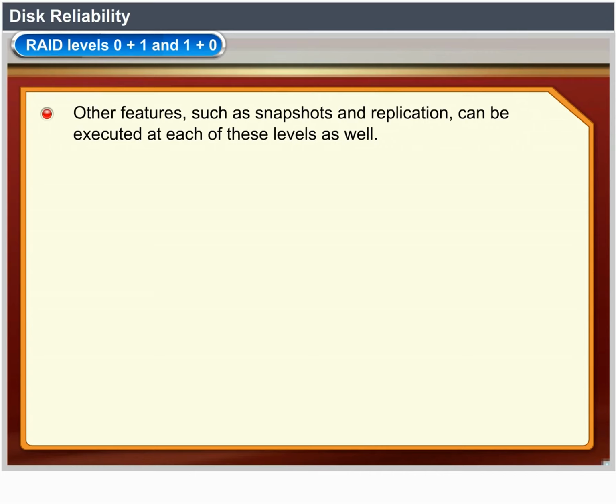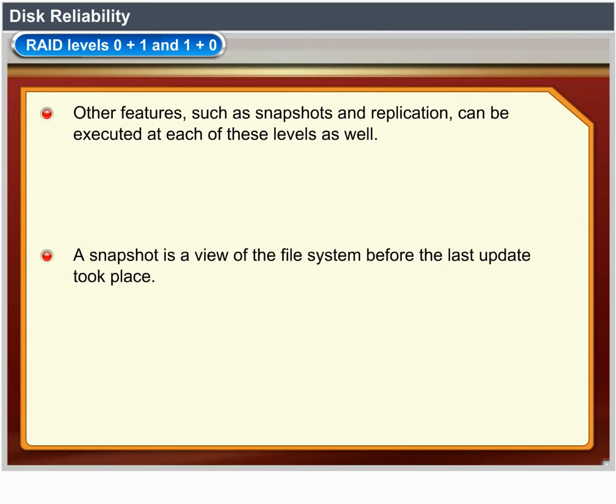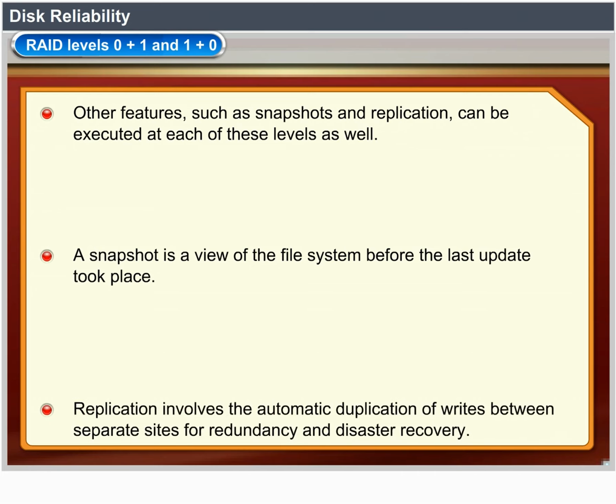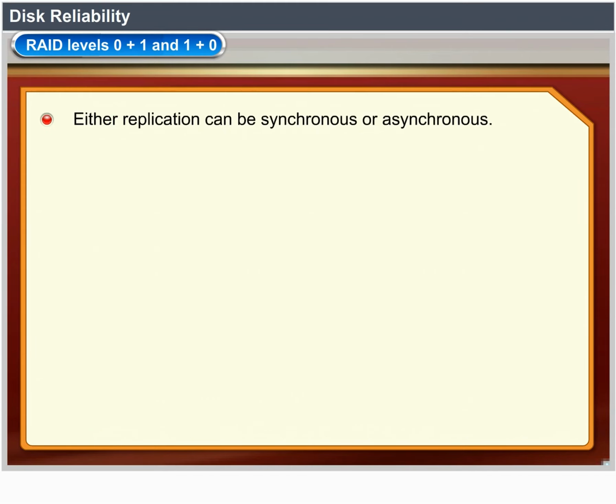A snapshot is a view of the file system before the last update took place. Replication involves the automatic duplication of writes between separate sites for redundancy and disaster recovery. Replication can be synchronous or asynchronous.